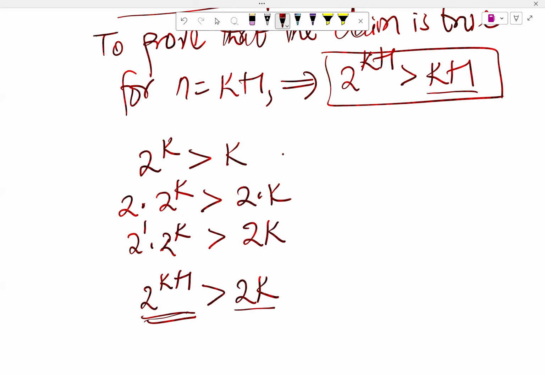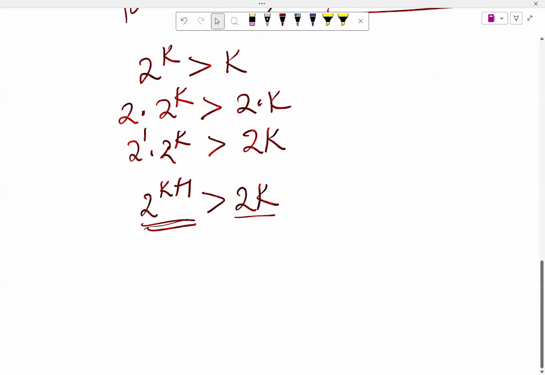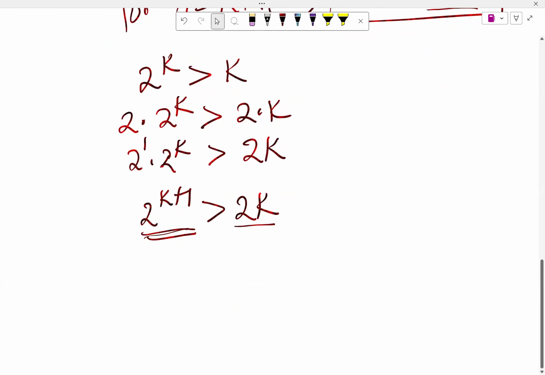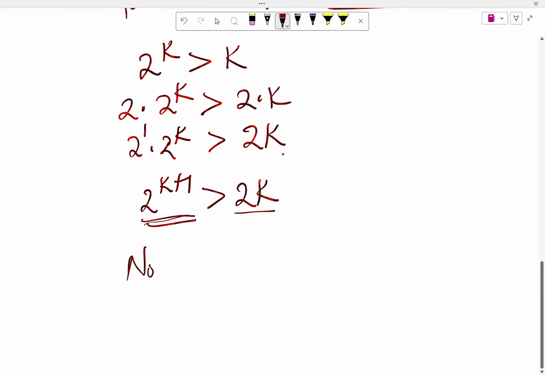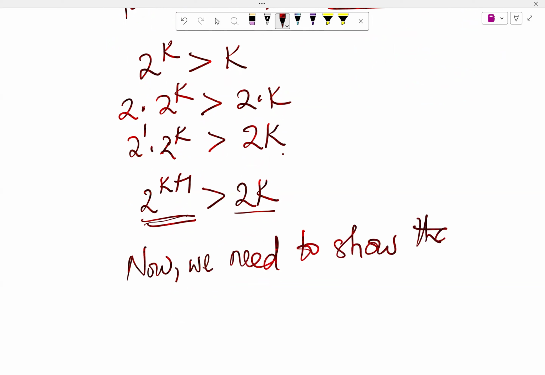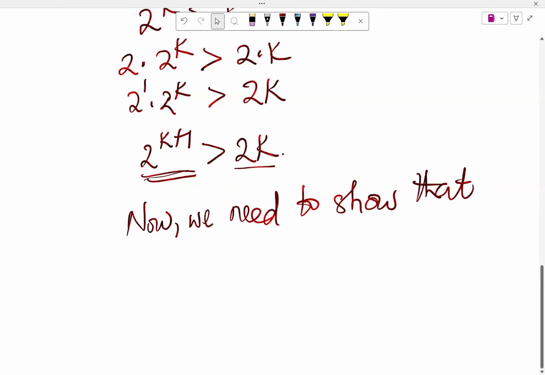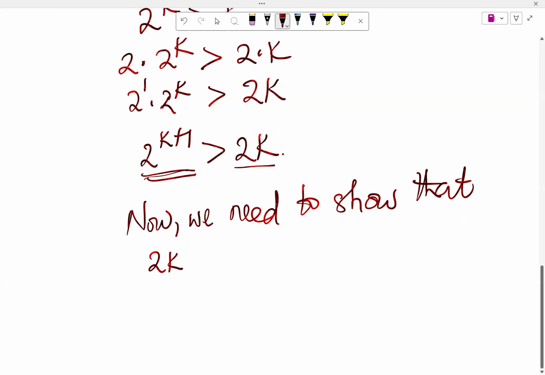So we can get a convincing proof if we are able to show this. Since 2 raised to power k plus 1 is greater than 2k, we now need to show that 2k is greater than k plus 1.